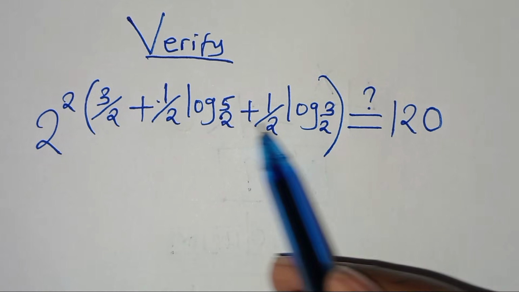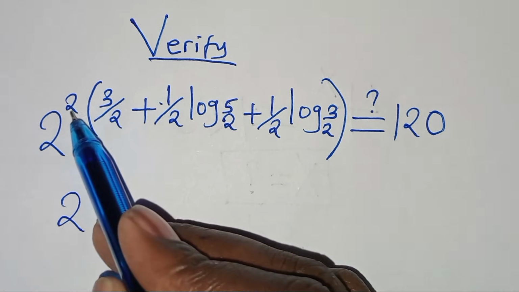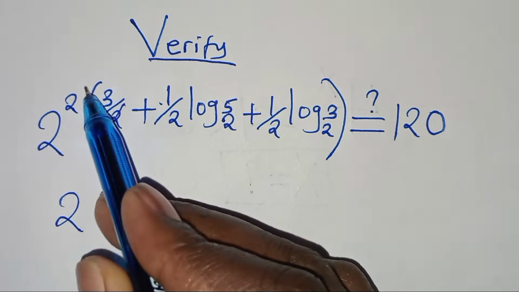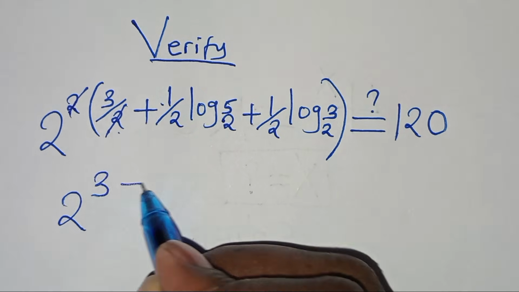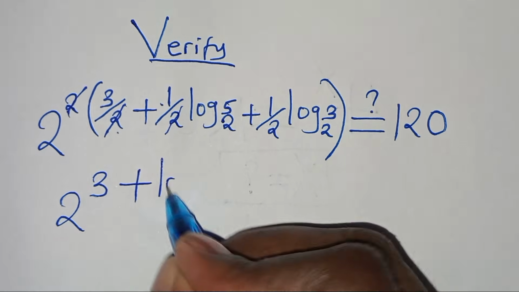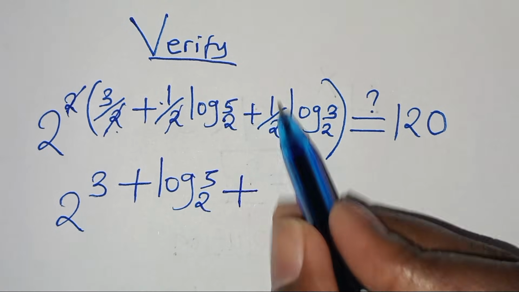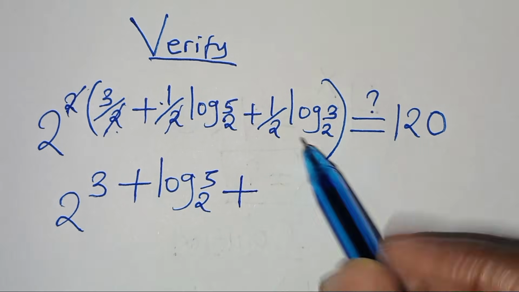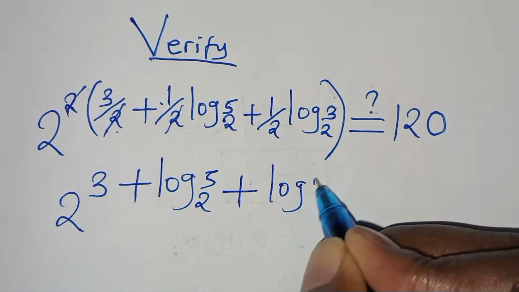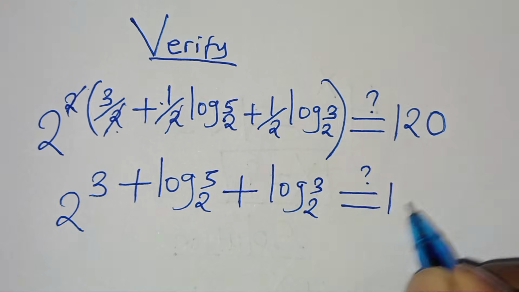Now let's open the parentheses here. We have 2 to the power of 2 times 3 over 2. 2 and 2 simplify, so we have 3 plus; 2 and 2 simplify, so we have log 5 to base 2. Then plus again, 2 and 2 simplify, so we have log 3 to base 2. This is supposed to give us a value of 120.